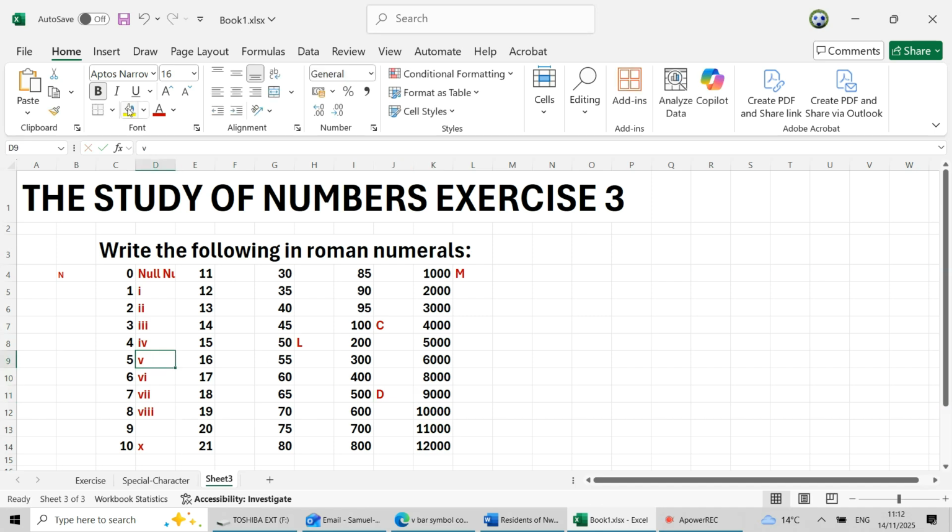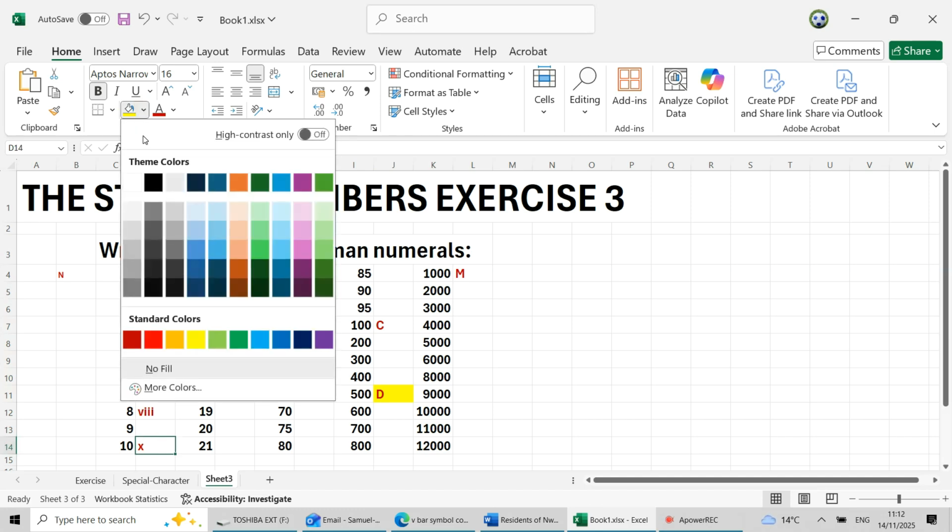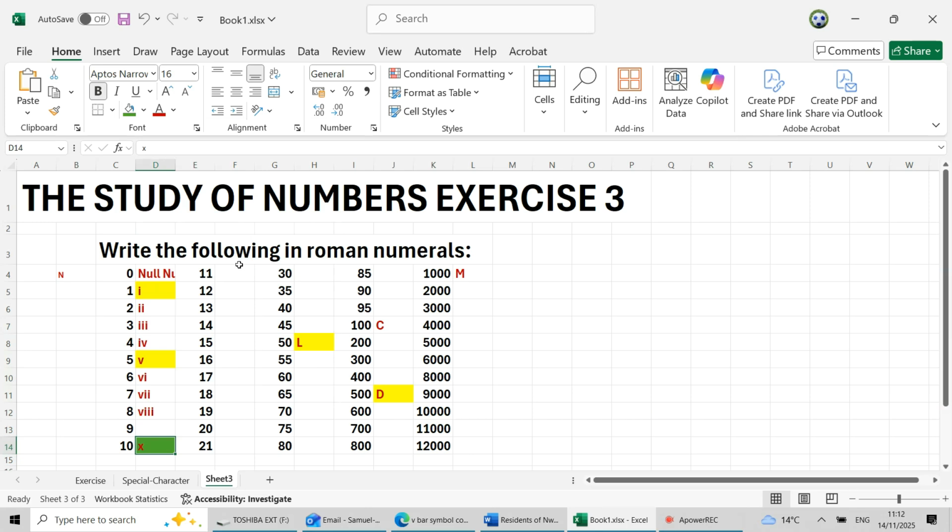So the symbols which cannot be repeated in Roman numerals: you cannot repeat V. Let me mark it with yellow. You cannot repeat L. That is a warning. And you cannot repeat D. D cannot be repeated, right? The only symbols that you can repeat are I. You can repeat I. That's why we repeated it many times. And you can repeat X. Let me put it in green, just to say that we can do something with it.